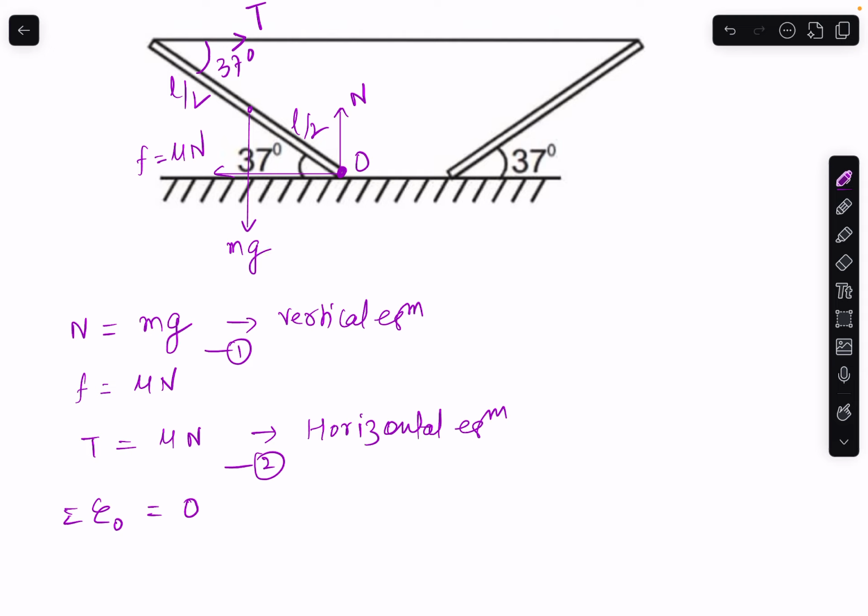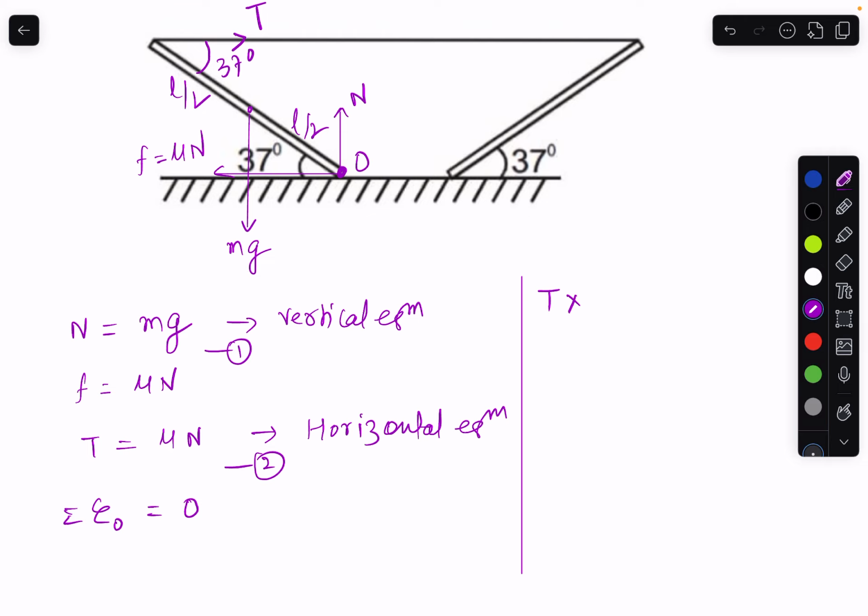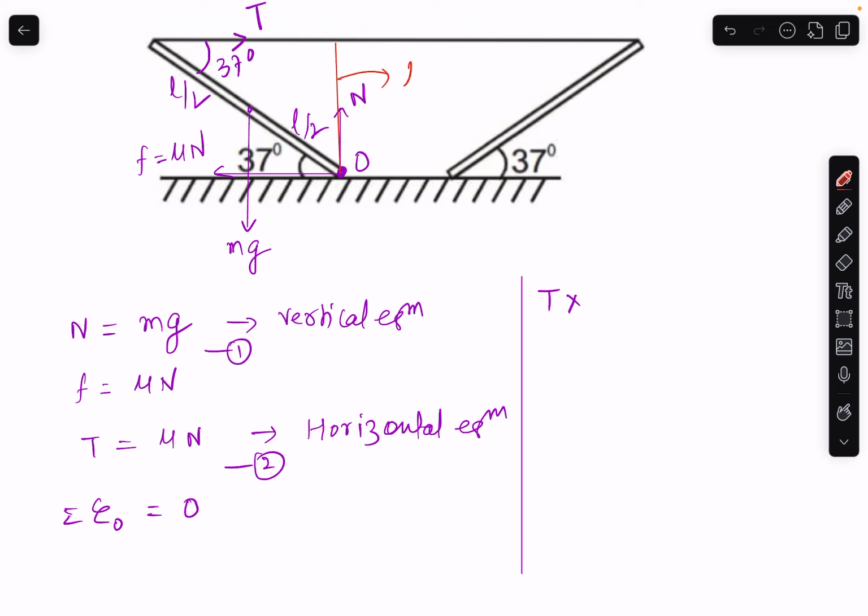So if we write the torque equation about the point O, the torque of tension about the point O will be clockwise, and the torque of mg about O will be anti-clockwise. Because the net torque is 0, these two torques must cancel each other. The torque of tension will be T into this perpendicular distance, and this distance can be easily written as L times sine 37 degrees.